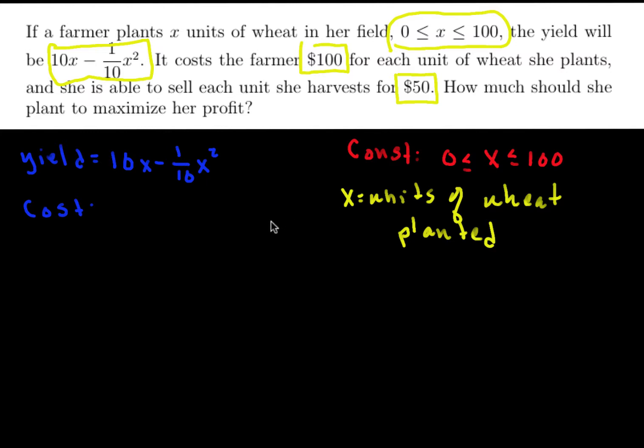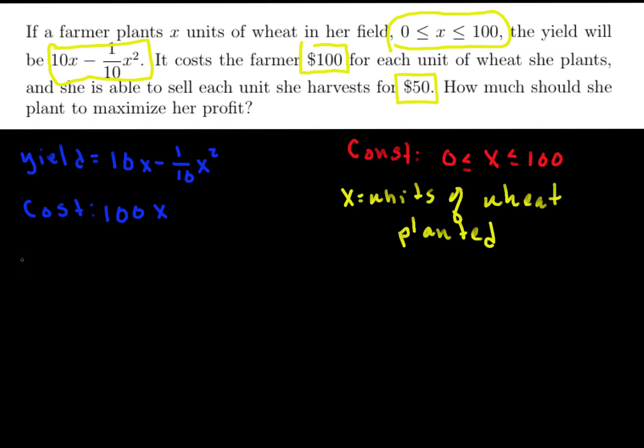So that means our cost is 100x. That's how much it costs. And then her return on her investment is $50 times whatever is produced.